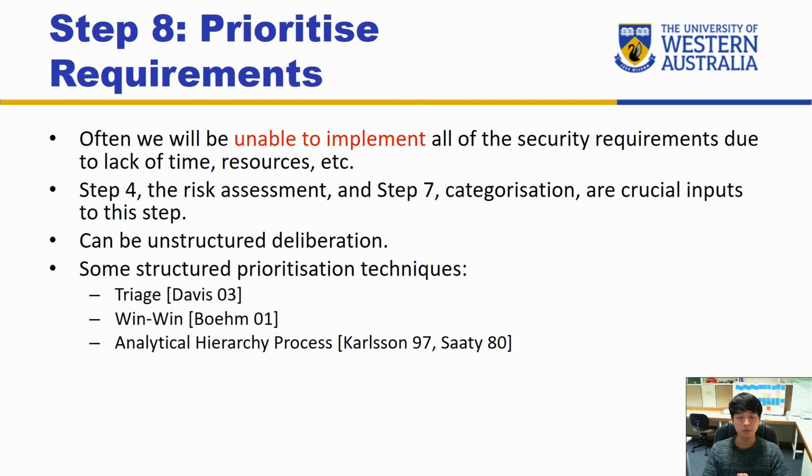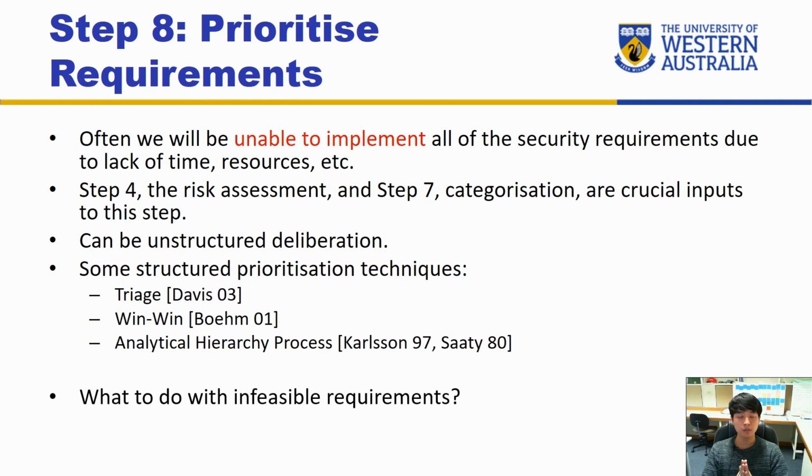Okay, this can be unstructured deliberation. For instance, just based on information from previous steps, we can select the ones that we think are most appropriate. However, there are some structured prioritization techniques as well, which can be looked up in other sources. However, you don't have to know about them as part of this unit.